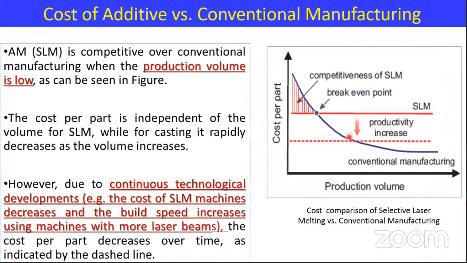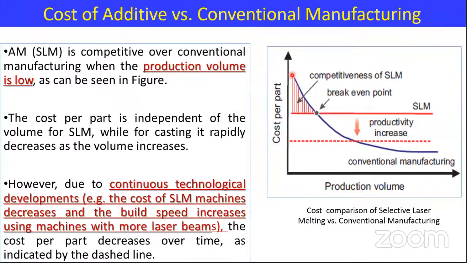So this particular graph would try to give us a fair idea for us to take a call when we need to make use of this additive manufacturing setup, and then the conventional manufacturing setup for a given part, right? And that is of course decided by what is our number of product that we need to manufacture, right?